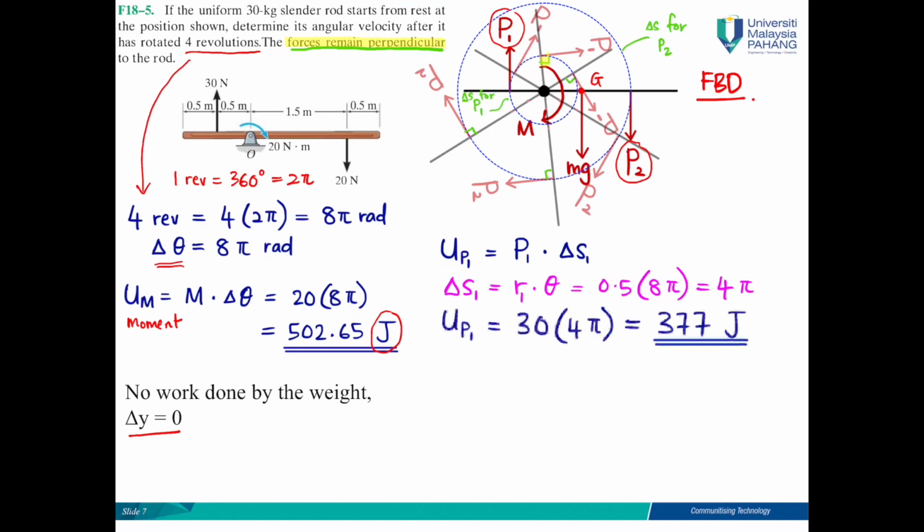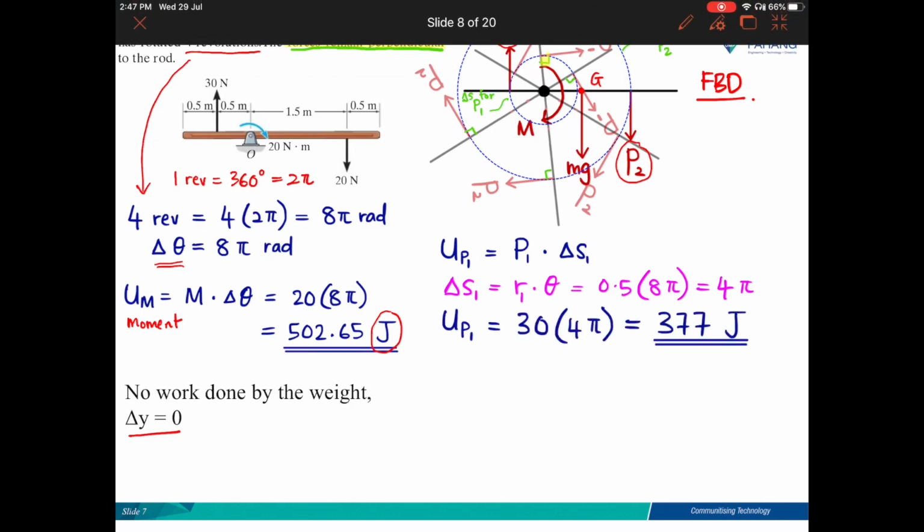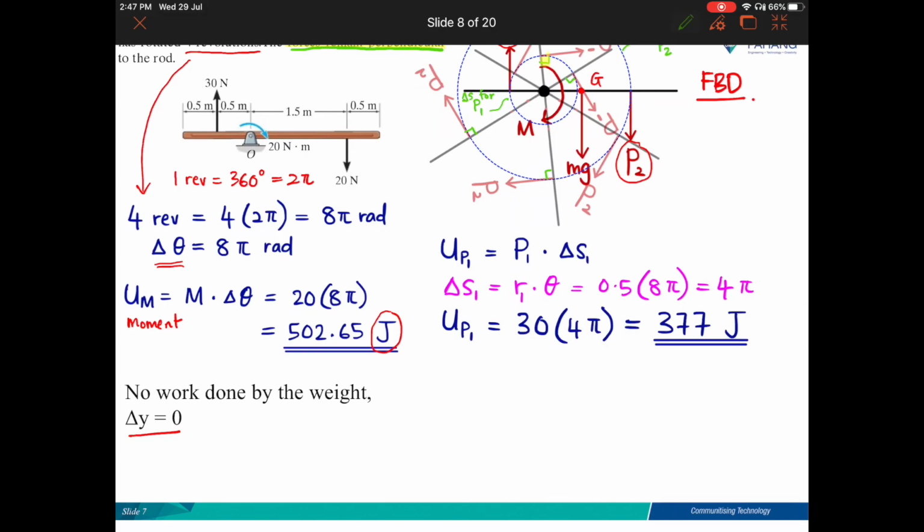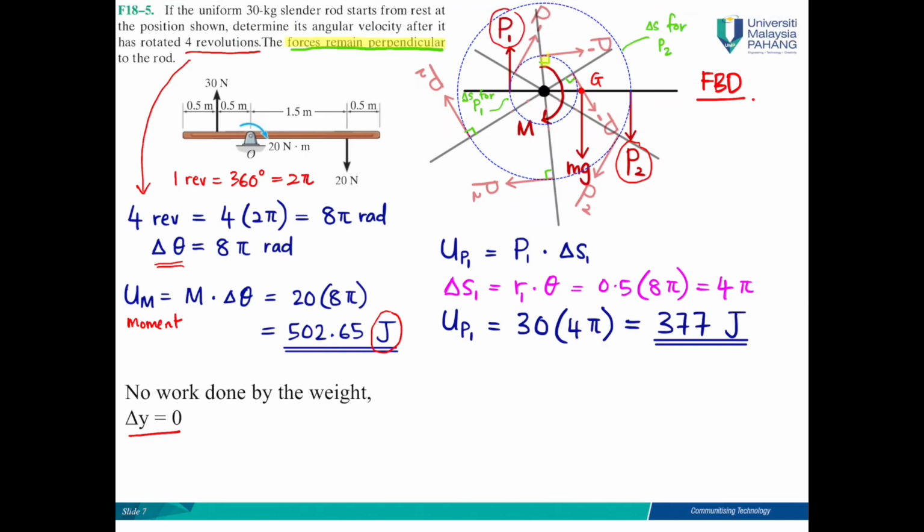How do you get this equation? This equation here, S equals R times theta, is the equation that you have learned in trigonometry. This is called a sector.